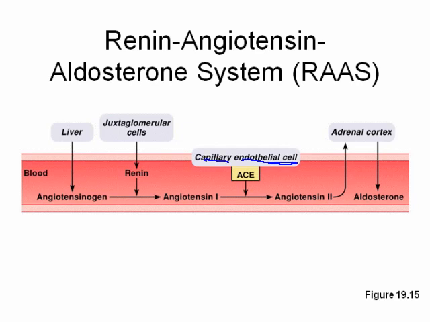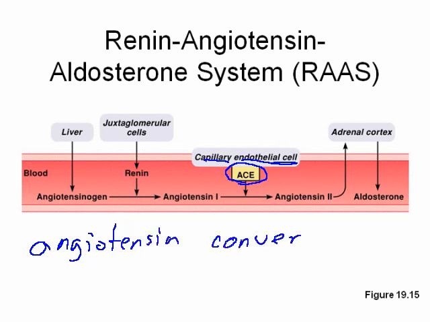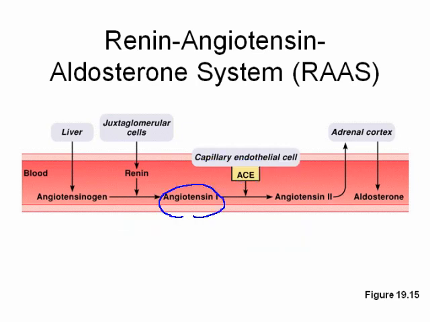Endothelial cells in capillaries throughout the body contain an enzyme called angiotensin converting enzyme, abbreviated ACE. Angiotensin converting enzyme converts angiotensin 1 into angiotensin 2.